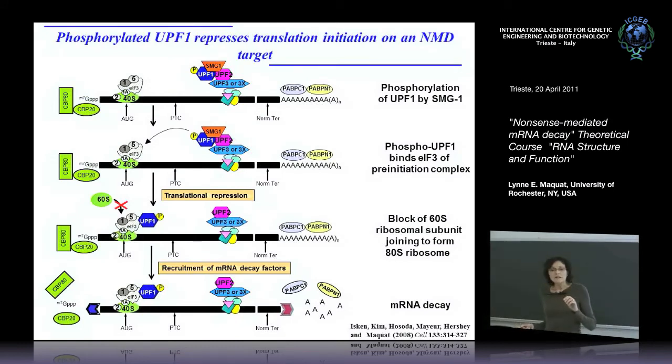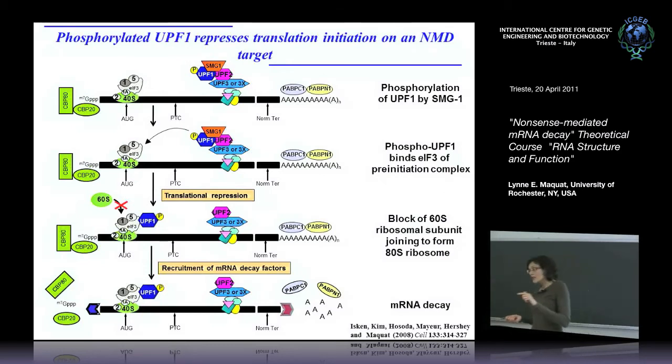Olaf showed that a PTC-containing mRNA that initiates translation from the cricket paralysis virus internal ribosome entry site, which doesn't utilize eIF3 in its initiation process, is immune to NMD. Whereas the same PTC-containing mRNA that initiates from an encephalomyocarditis virus IRES, which does use eIF3, supports NMD.